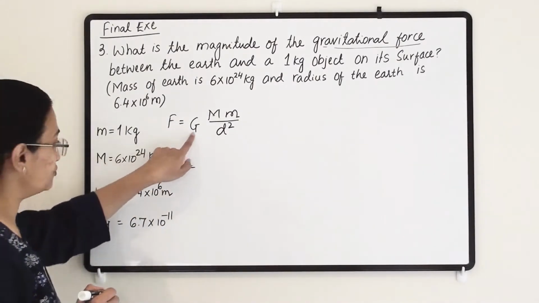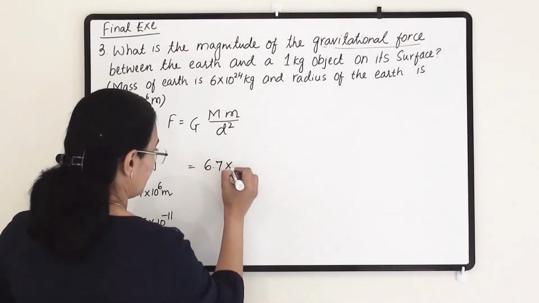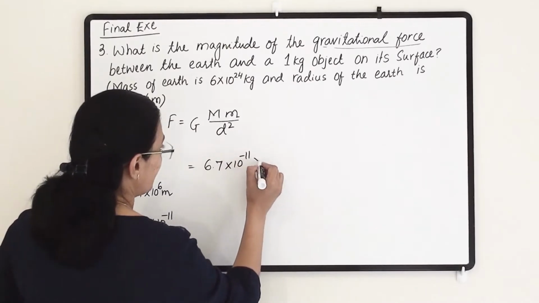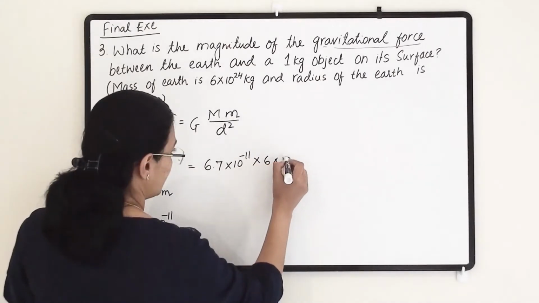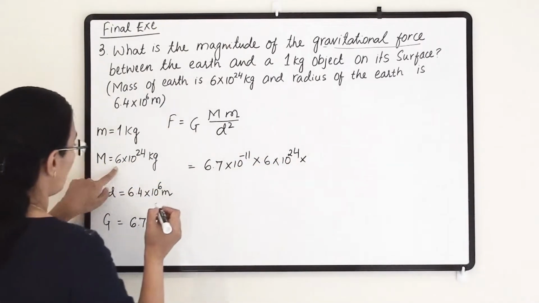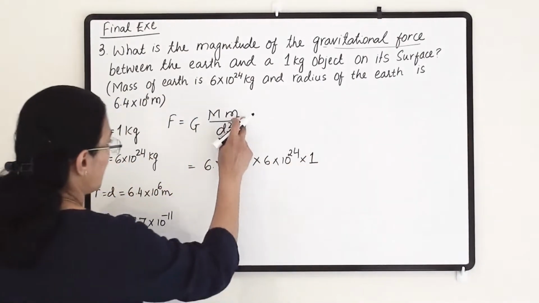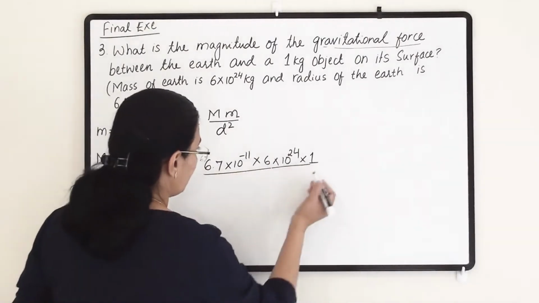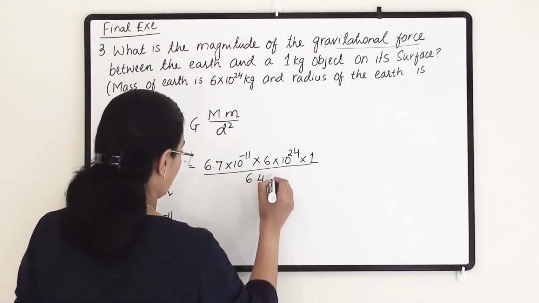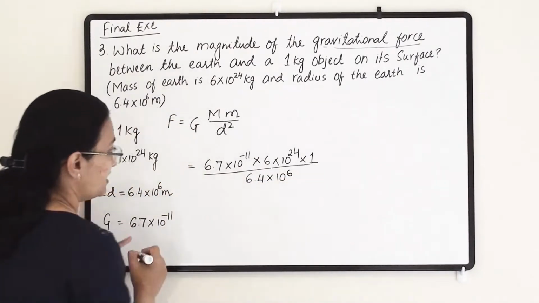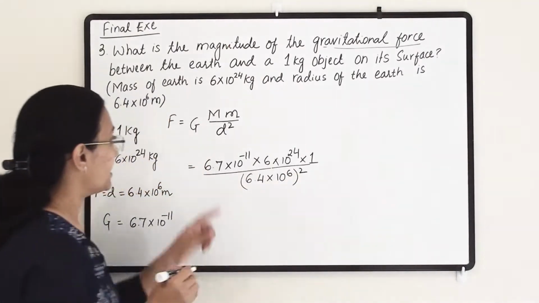So first we write G's value, 6.7 into 10 raised to minus 11, multiplied by capital M, the mass of the earth, 6 into 10 raised to 24, into small m, that is 1 kg, the mass of the object, divided by the radius of the earth and distance between the two objects, 6.4 into 10 raised to 6. Now this radius and distance is squared as per the formula.